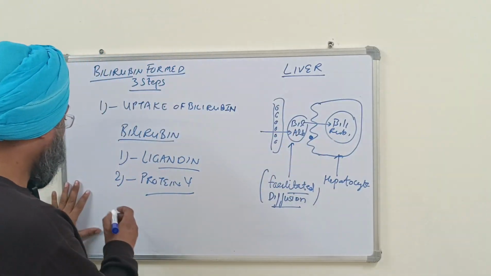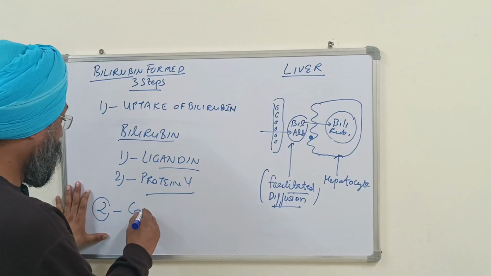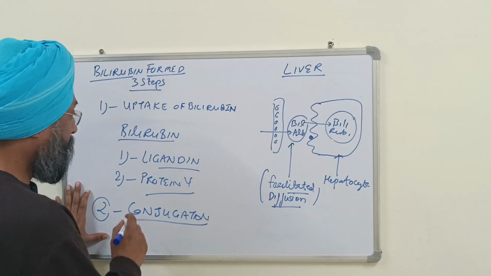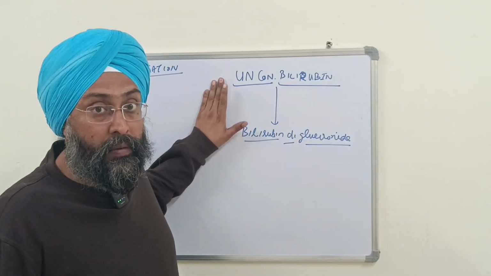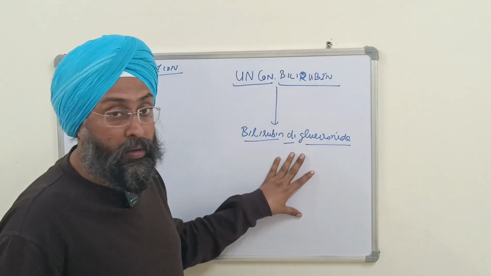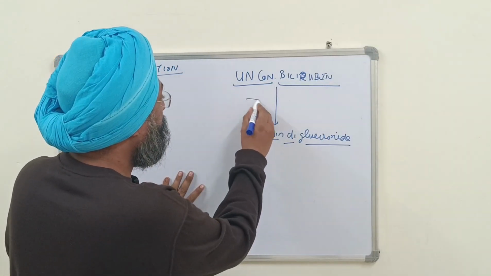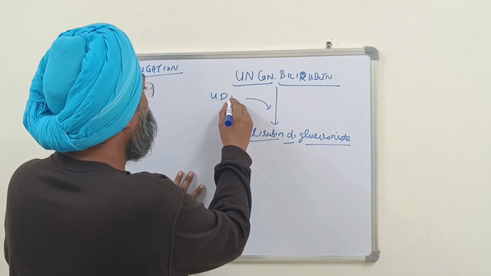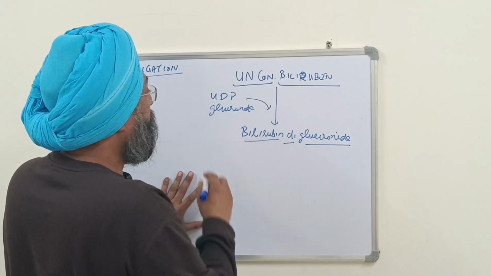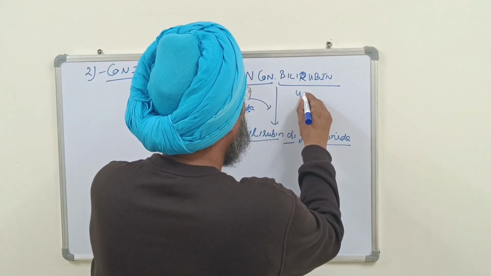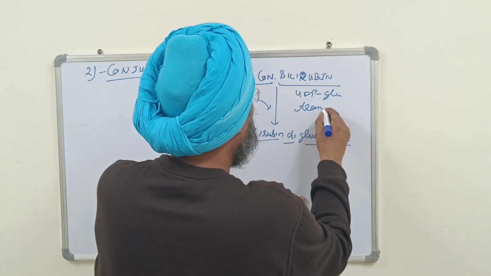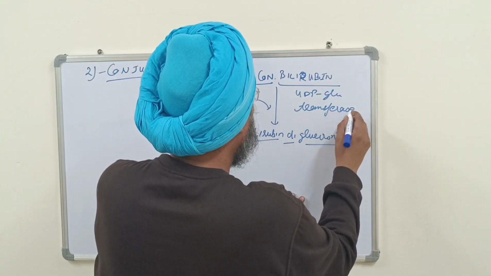Now, the second step is the conjugation of bilirubin. We have this unconjugated bilirubin which enters the hepatocytes. It is converted to bilirubin diglucuronide, and for this we require two molecules of UDP glucuronate, and the enzyme is UDP glucuronyl transferase.